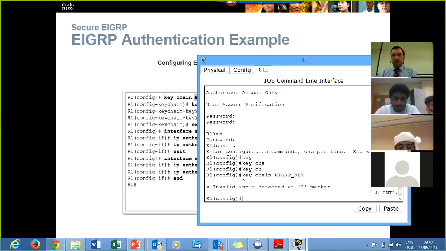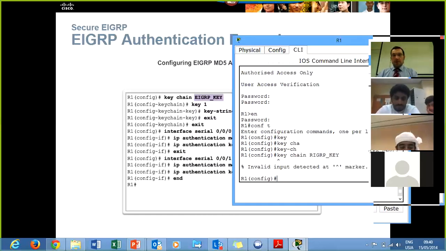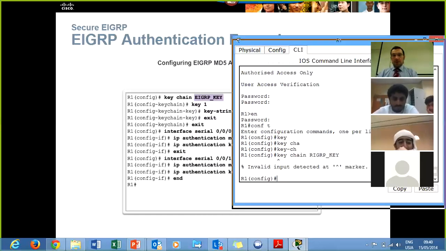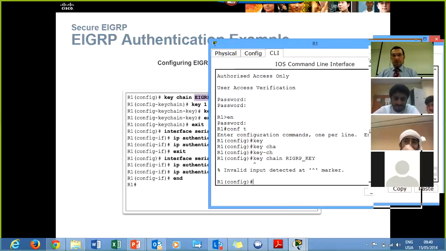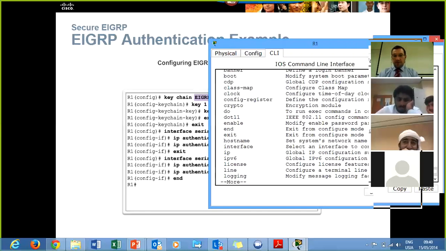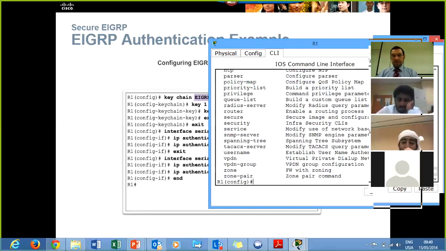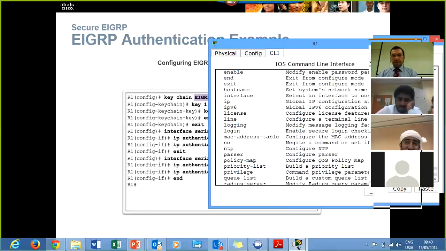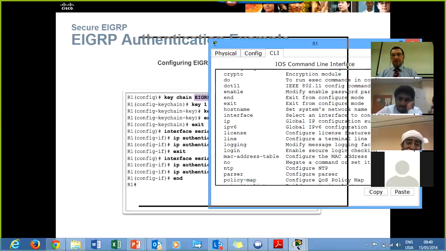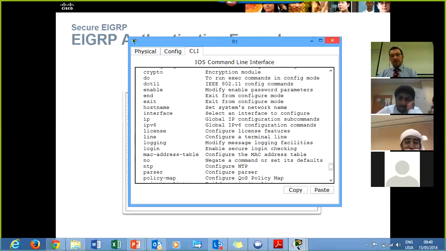It's not supported. Oh dear, it's not supported. Beg your pardon. There is no command key. All right. Okay, so we cannot do it. I'm pretty sure it was supported.